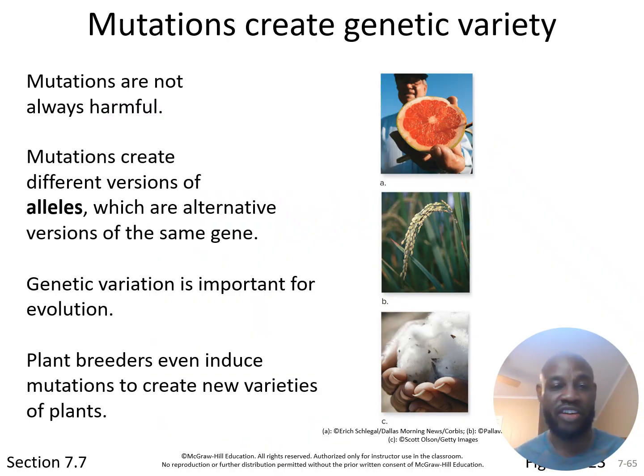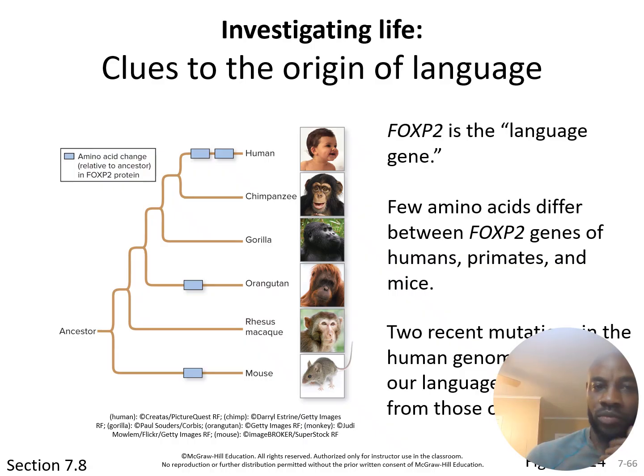Mutations can create genetic variability. Sometimes they're not always harmful. Sometimes they give us a few differences here and there. Here we have Investigating Life, where we talk about how just by a few amino acids difference, we have much different genes, which are the difference between a human, a chimpanzee, a gorilla, or an orangutan.